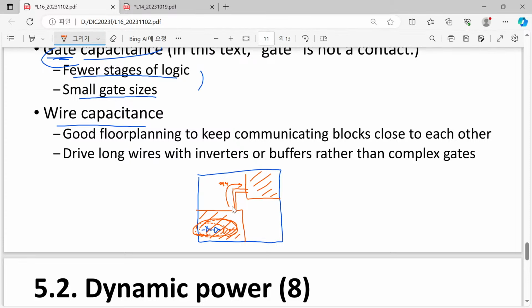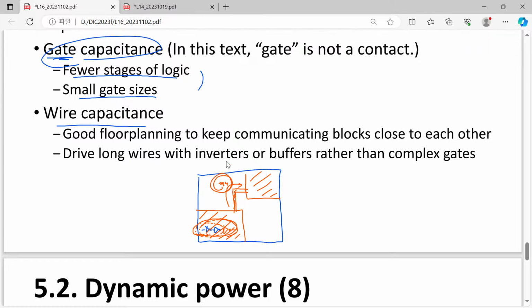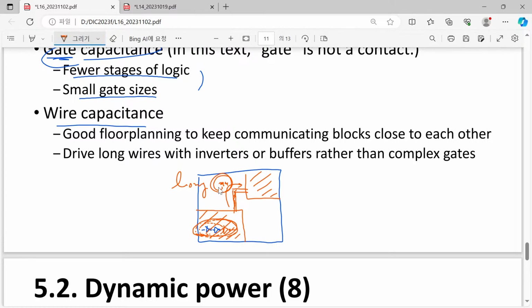Although the capacitance per unit length is not that high, since its length scale is much larger, because this is a long line, even this one can be visible.